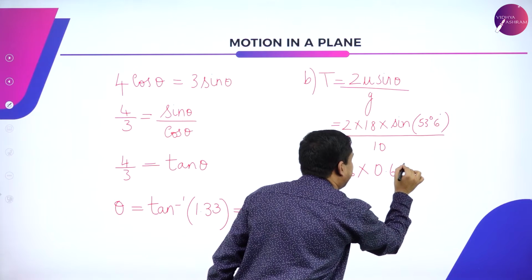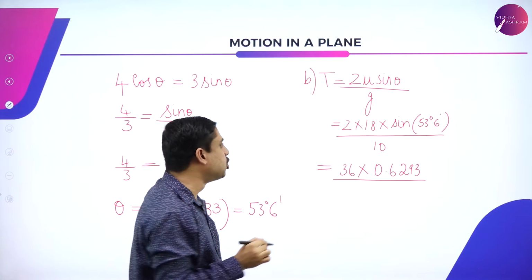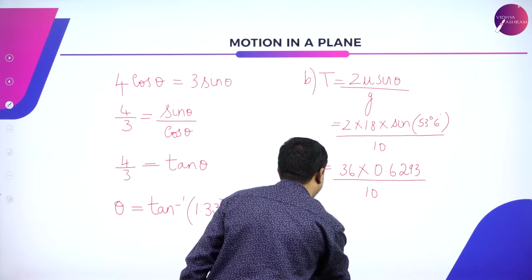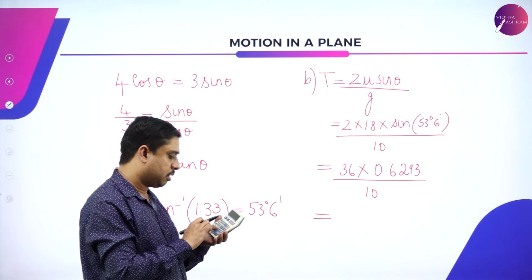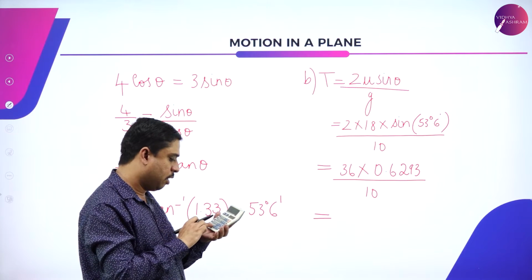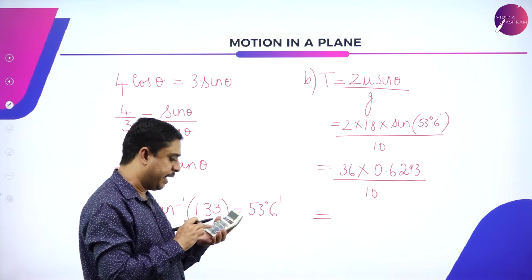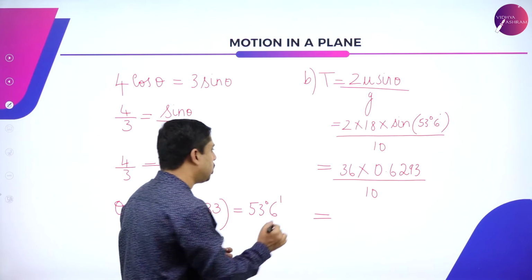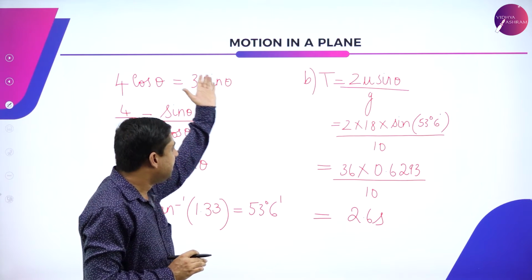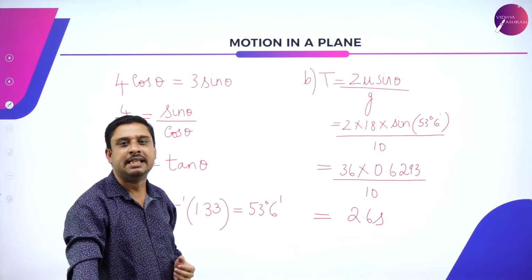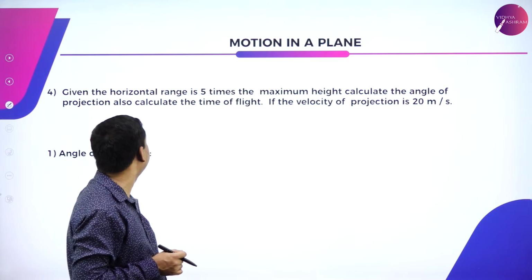Sin 53 degrees 6 minutes is 0.6293 by 10. And this is 36 into 0.6293 divided by 10, which is 2.6 seconds. See again, if I know to simplify using the relevant data, it's a very, very simple calculation.